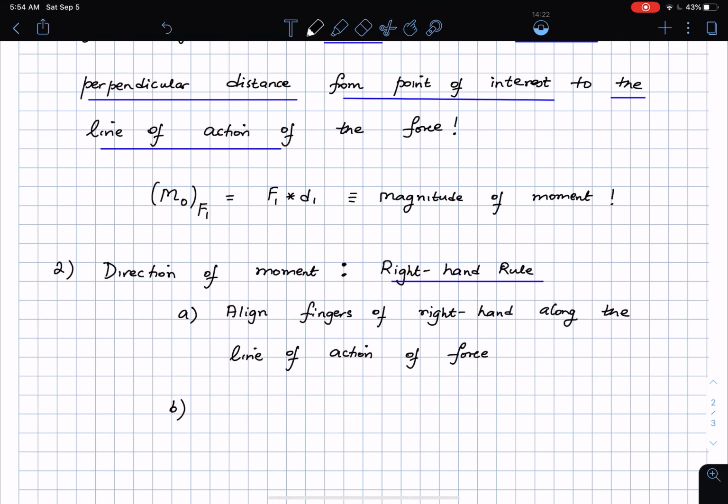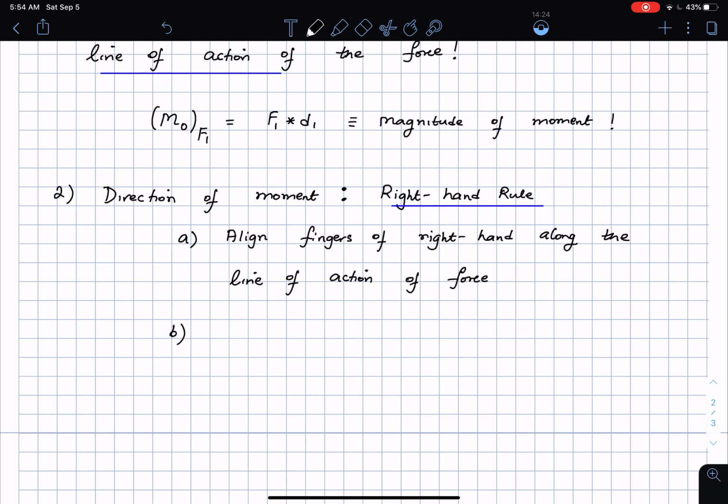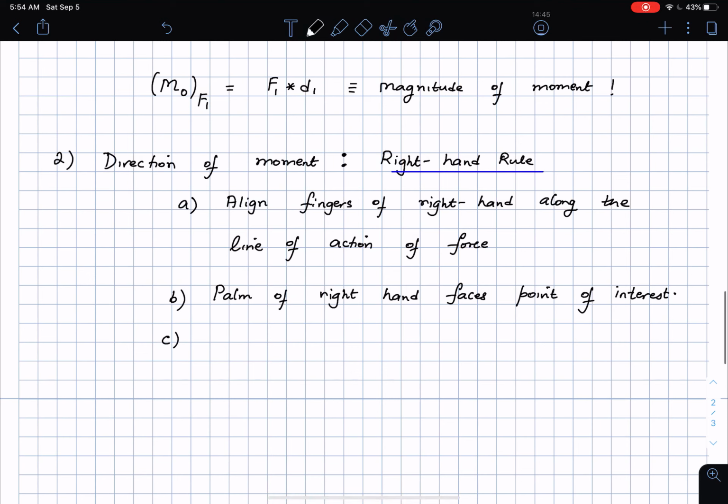The second thing is, as you align your fingers, your palm should be facing the point of interest. Okay, and your palm of right hand faces the point of interest. Then what do you do? You curl your fingers.